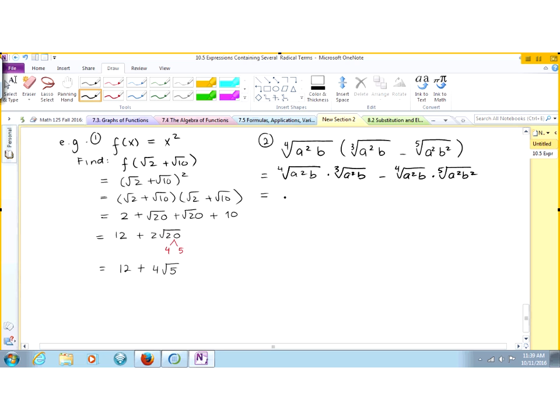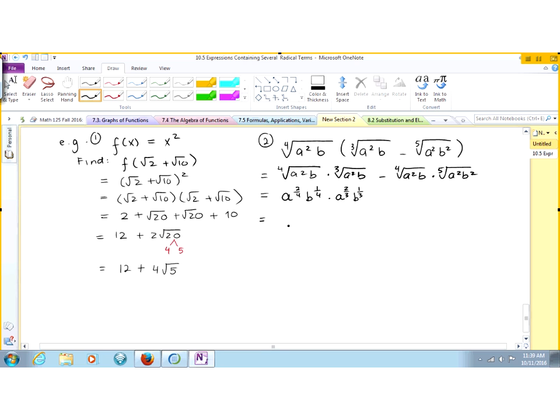Then we know how to do each one of these, don't we? So what is this? a to the 2 over 4, or 1/2. Let's just put it 2 over 4. b to the 1/4. And this is a to the 2/3, b to the 1/3.